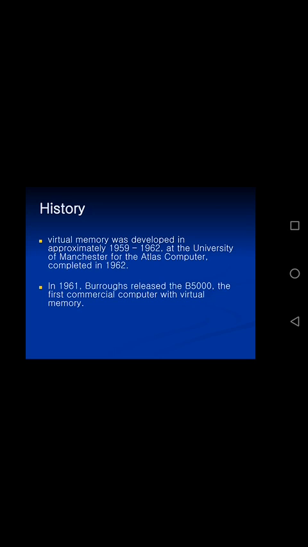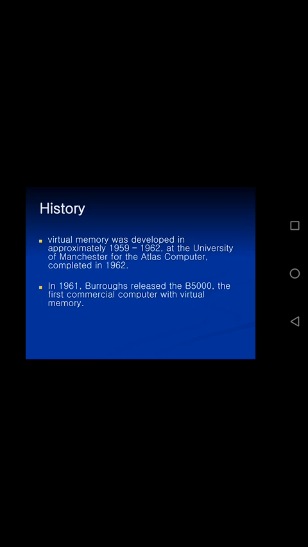In the year 1961, Burroughs released a special computer called the B5000, and it is the first commercial computer with virtual memory organization.